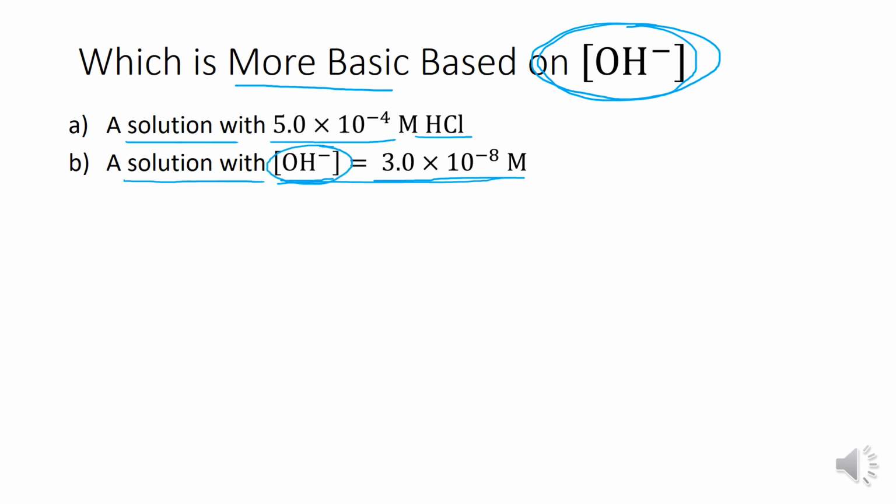For the first solution, we have to first determine the hydronium ion concentration from this concentration of hydrochloric acid in aqueous solution. So let's consider the chemical equation for the reaction of hydrochloric acid with water. So let's add water.